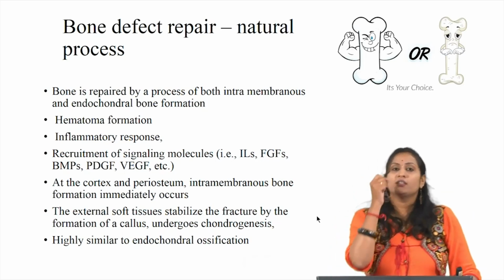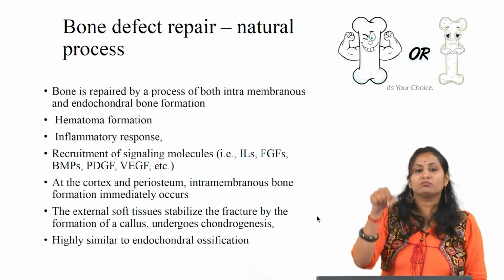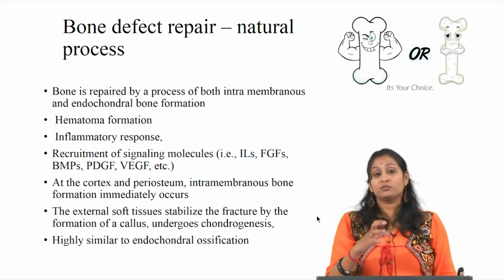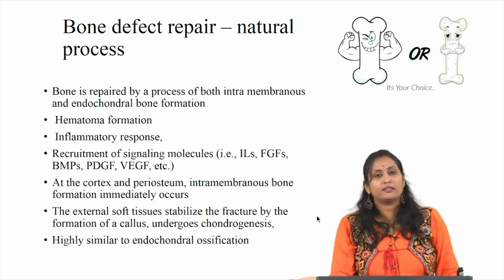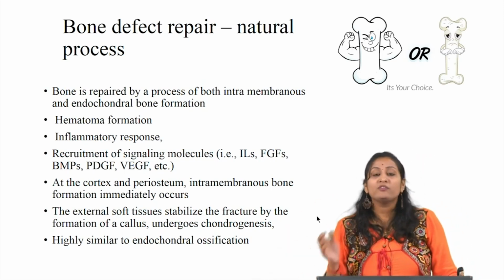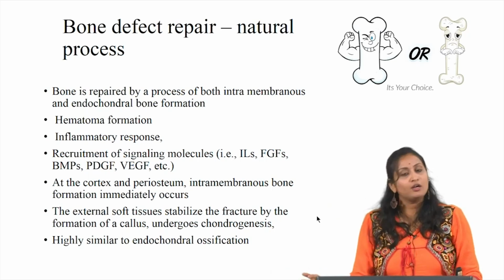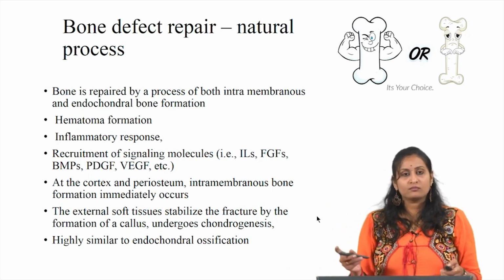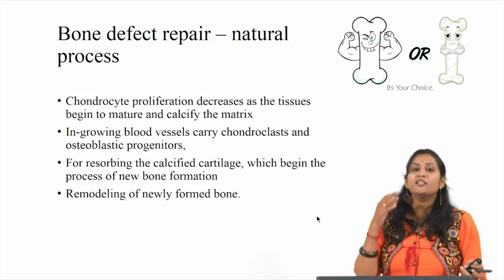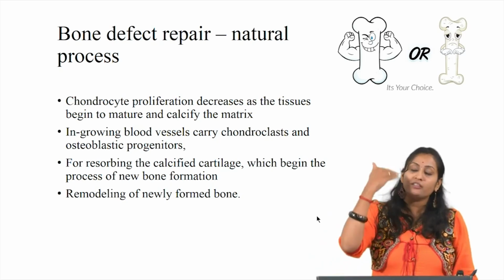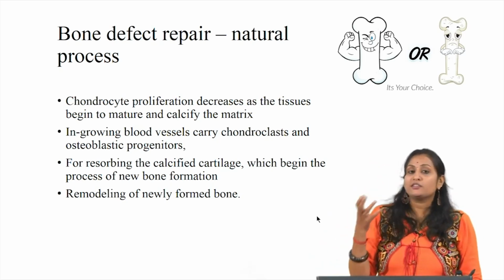Then it stabilizes the fracture by the formation of callus by chondrogenesis. Chondrogenesis is the activation of chondrocytes, which is highly similar to endochondral ossification. Then once the tissue reaches its maturity, the chondrocyte proliferation decreases and the matrix calcifies.